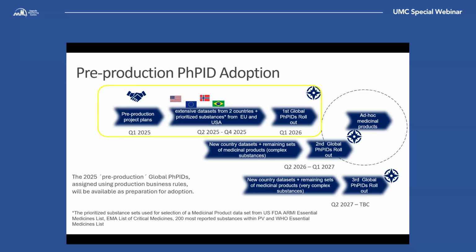After that, the idea is to move into very complex substances that would be perhaps left from 2026 and recruit additional new countries, culminating to the third global rollout planned from Q2 2027 onwards. So the path from 2025 onwards is a structured, phased adoption, starting small, then scaling globally. And that was pretty much it on GIDWG and our work for today.